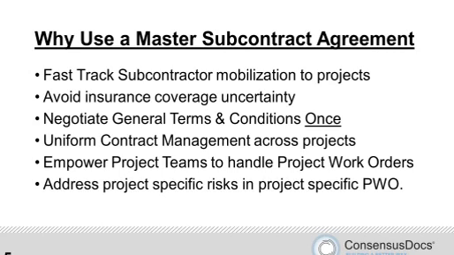And that creates a problem for a number of reasons, but that can be avoided with the use of a master subcontract agreement, and you can take advantage of what almost all subcontractors have in their insurance program, which is an additional insured endorsement that provides automatic status when required in a construction agreement. And so by having this written master agreement already signed and agreed to, and only needing to define the scope of work in a project work order, you are already, as the general contractor, an additional insured under the terms of that endorsement.